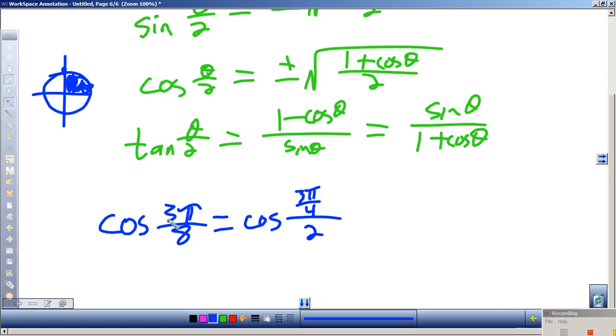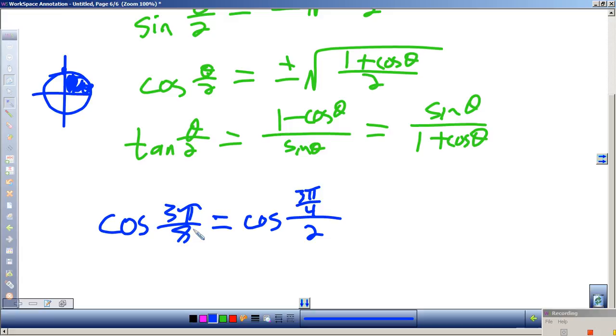Basically, we multiply by 2, and 6 pi over 8 simplifies to 3 pi over 4. If we multiply by 2 here, we divide by 2 to cancel, because we want to keep the same value. So 3 pi over 4 divided by 2 is 3 pi over 8.